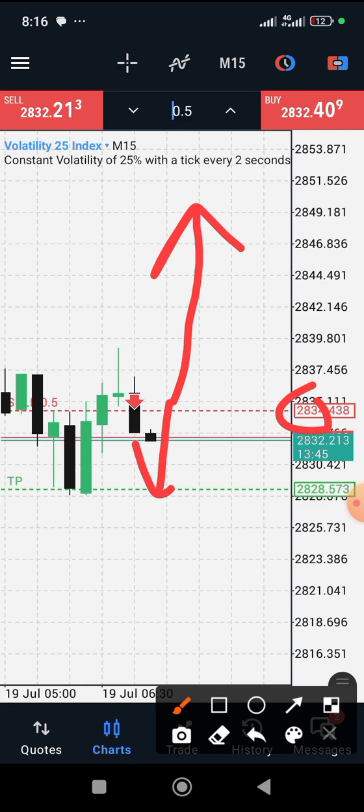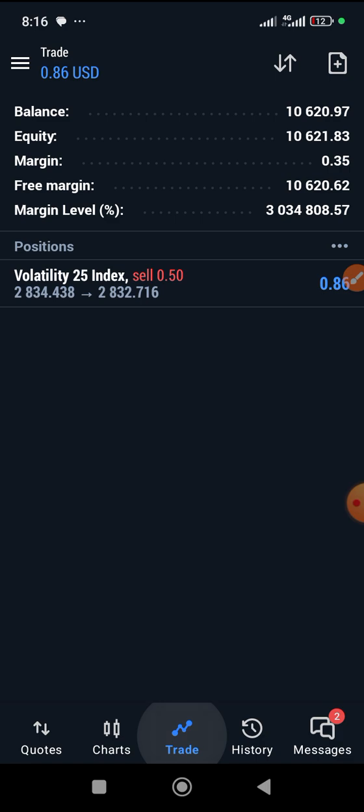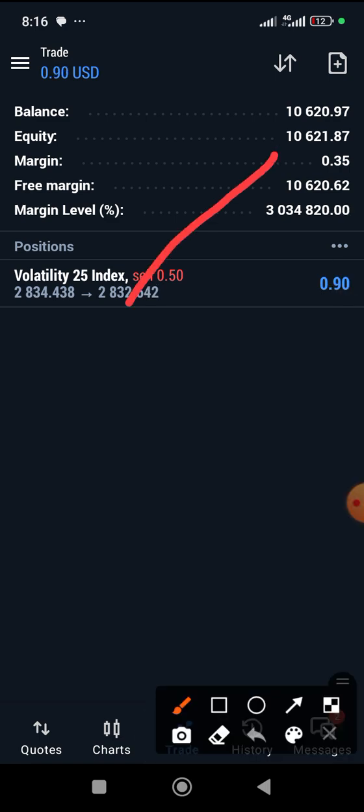It entered -5, -6, -100, -500, -600, -800, -900, -8,000, -9,000, -10,000. Then it went above your balance. That's what it means to blow your account. At that moment, you have blown your account.